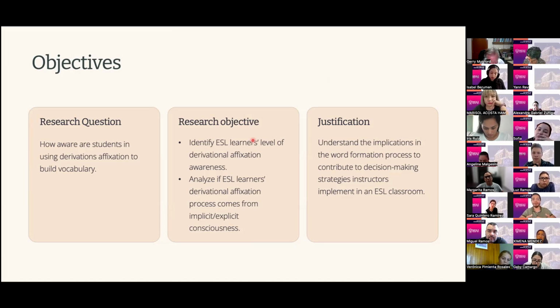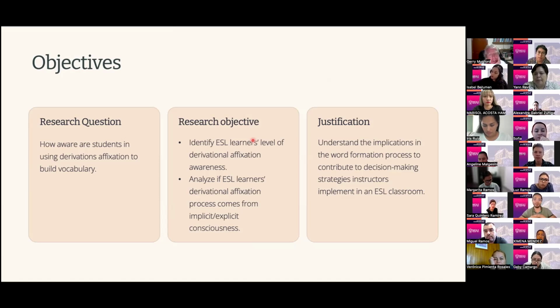You just need to know how to mix prefixes and suffixes to create new words. So you don't really need to learn all the words in the English language. You just need to know how to make them. So from that, my research question started. Like, do they know? Do they explicitly or implicitly know this? So I wanted to test how students are using these derivational affixations to build vocabulary.